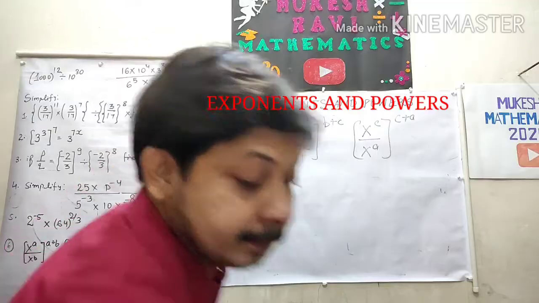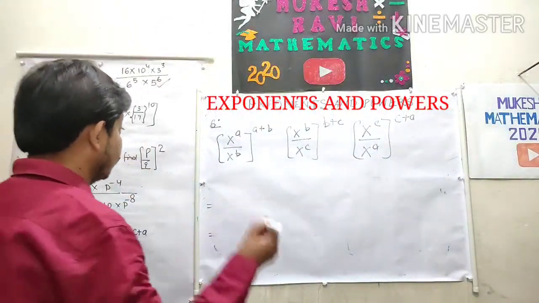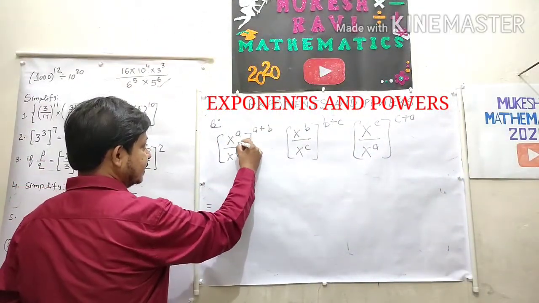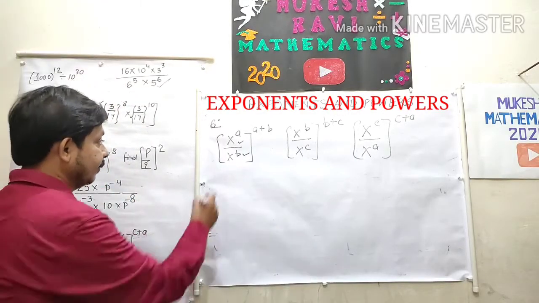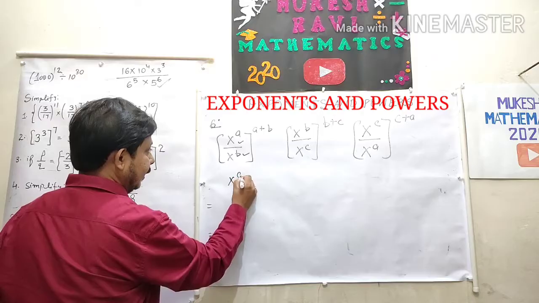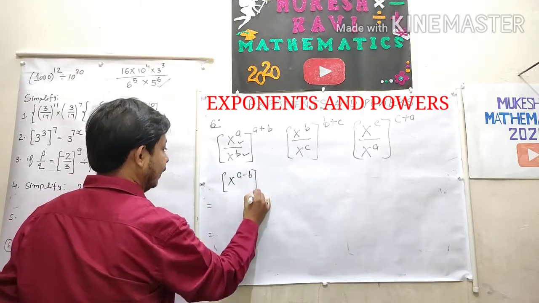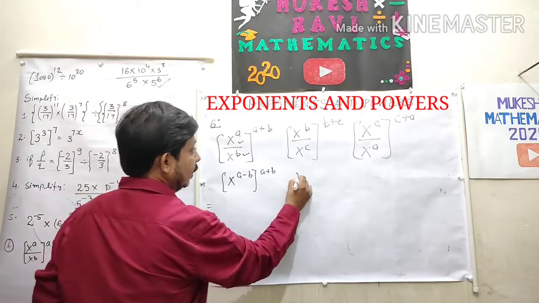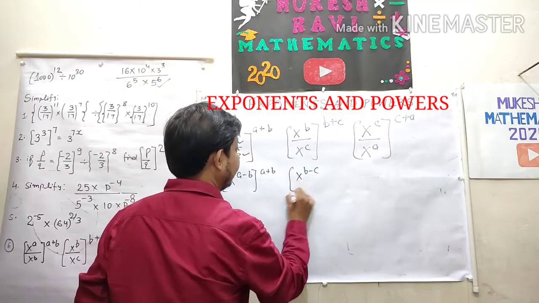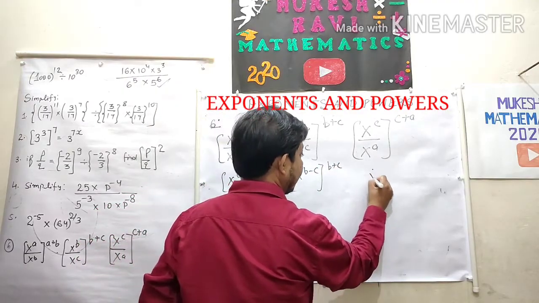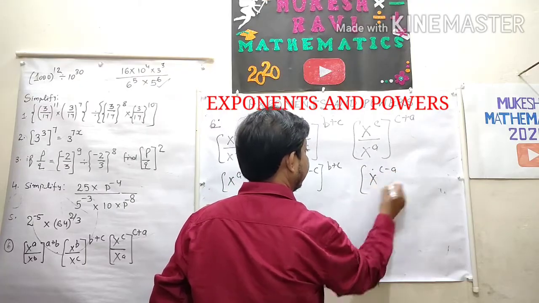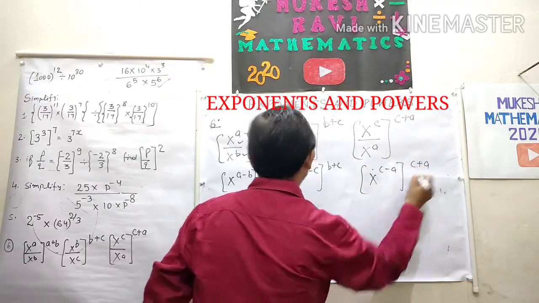Check here. First of all, when the base is same, power is subtracted. When the base is same, power is subtracted. We will write x to the power a minus b, and here a plus b, x to the power b minus c, b plus c, x to the power c minus a, c plus a.